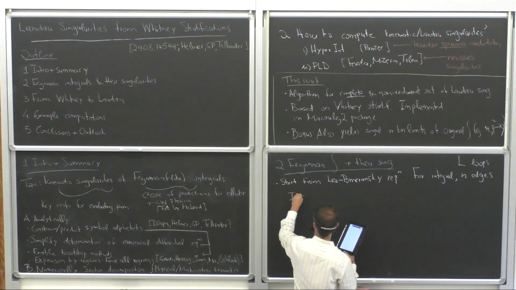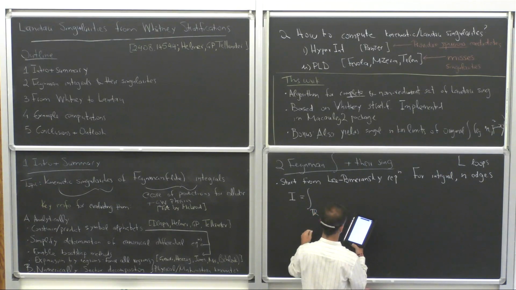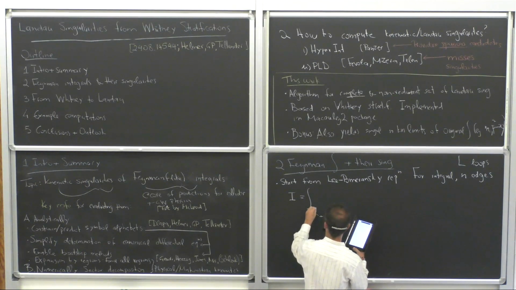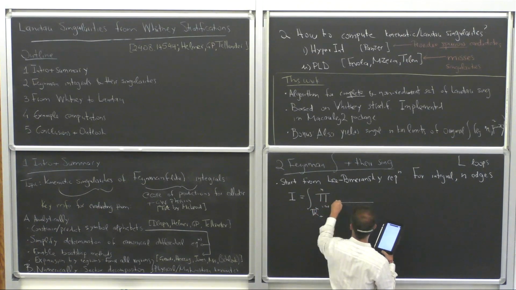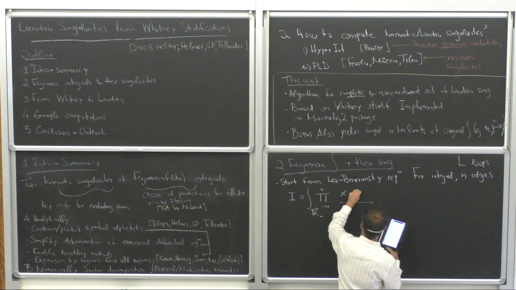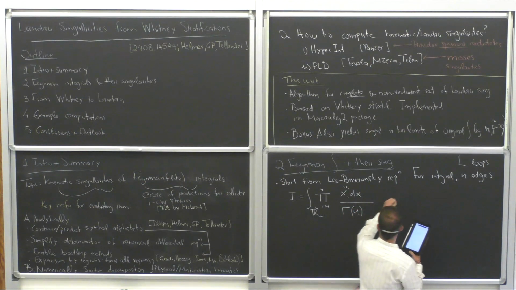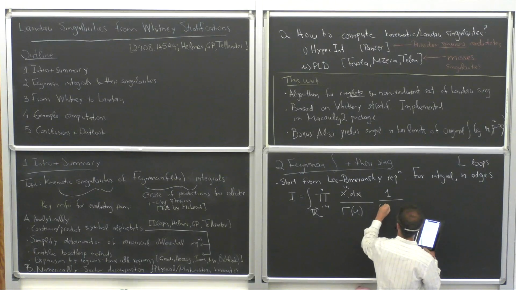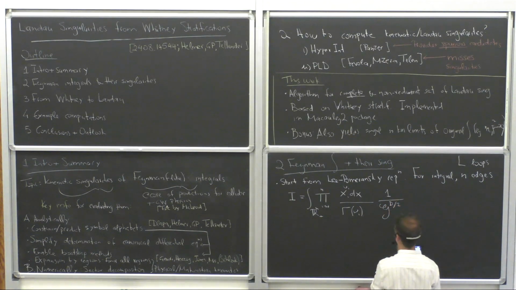This is an integral over the positive reals, and x_i are the integration variables. There are some gamma factors. And then there is the so-called Lee-Pomeransky polynomial raised to some power.